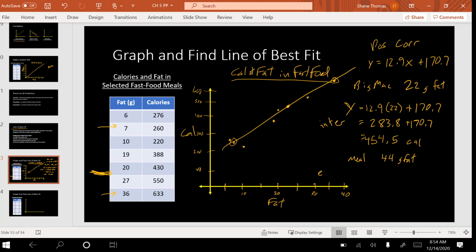So now this is called extrapolation. Do the same exact thing, use my equation: 12.9 times 44 plus 170.7. What's 12.9 times 44? 567.6, plus 170.7. What's that going to be? 738.3?